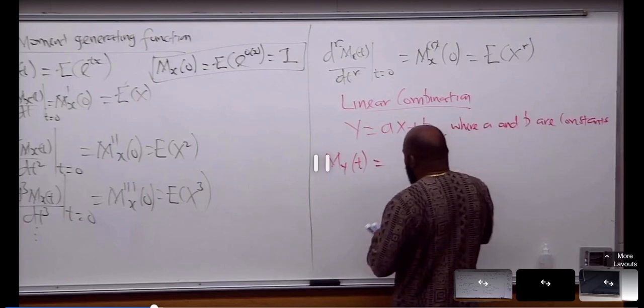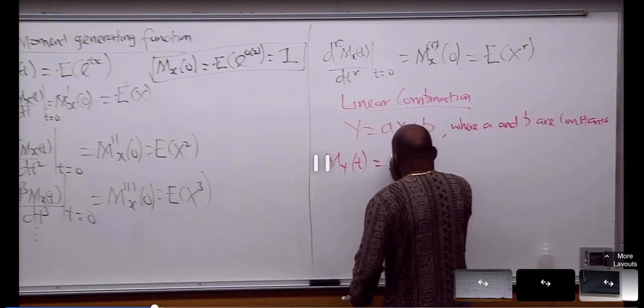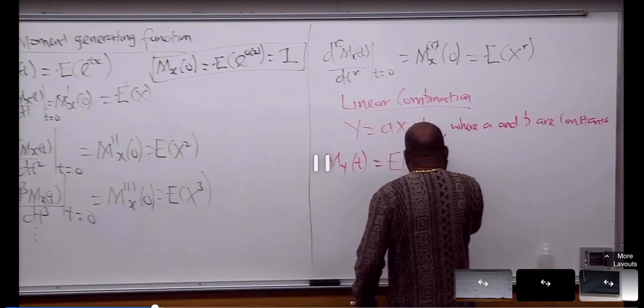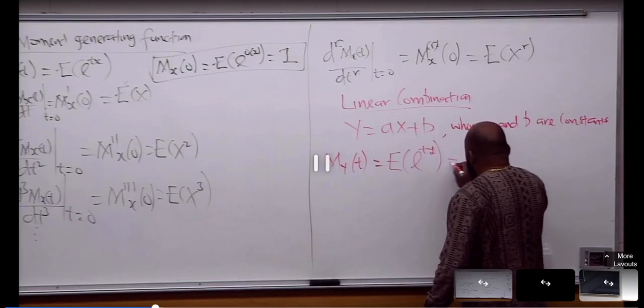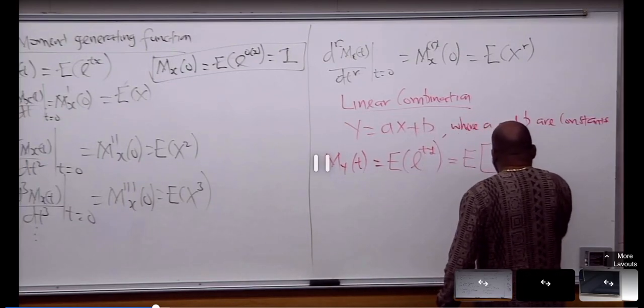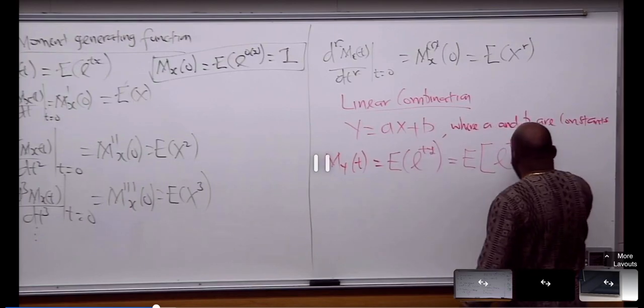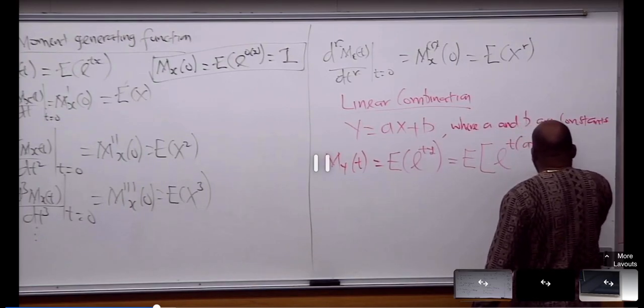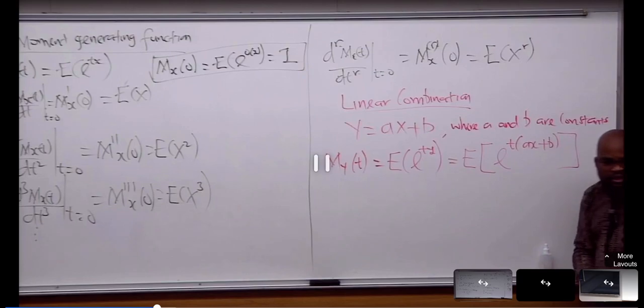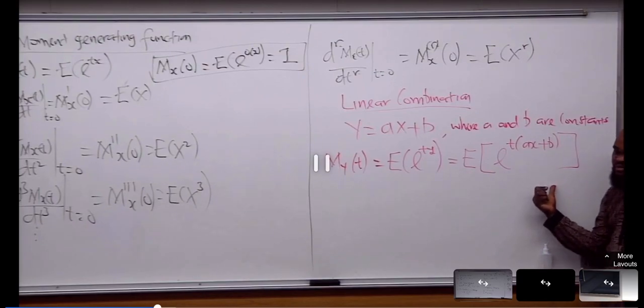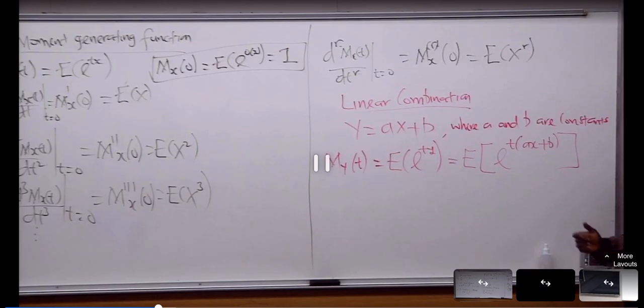Which means what I actually want to do is the expected value of e raised to power tY, which is going to be the expectation of e raised to power t. What is my Y? My Y is aX plus b. Please pay attention to what I'm trying to do right now. I'm trying to find the moment generating function of a linear combination.